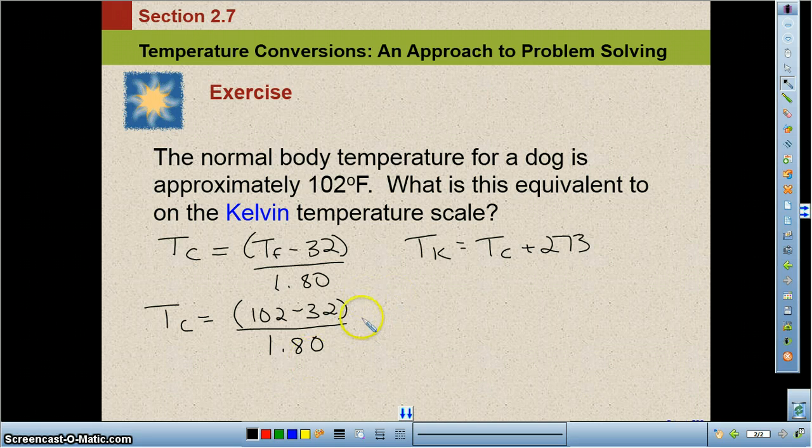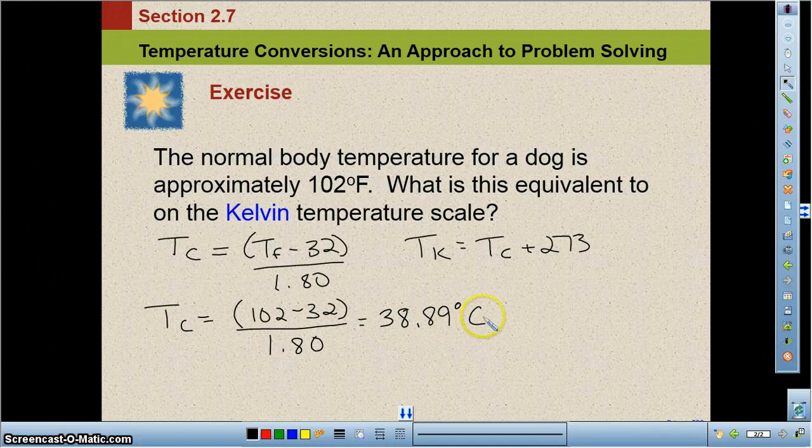So when you do this calculation, you can put this in your calculator all at the same time, but you have to make sure that your calculator knows to take 102 minus 32 first. So put parentheses around it to be able to do that. That's 70 on top, divided by 1.8, and we get 38.889 degrees Celsius.